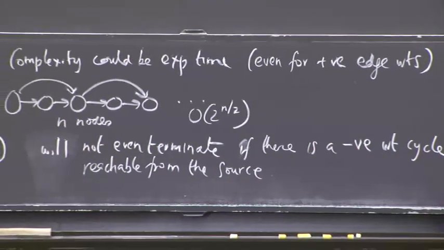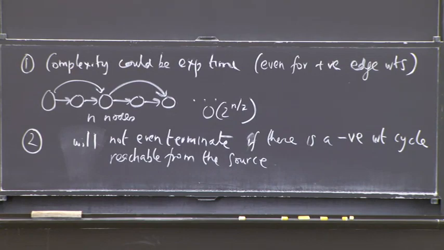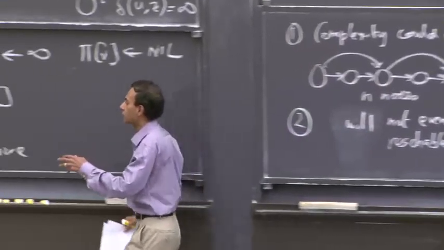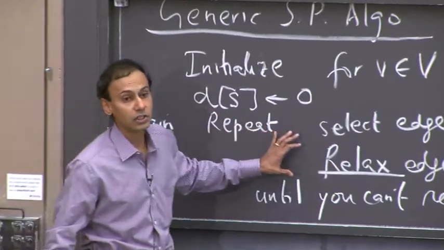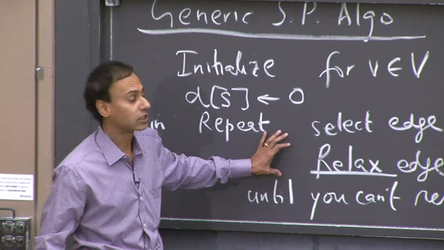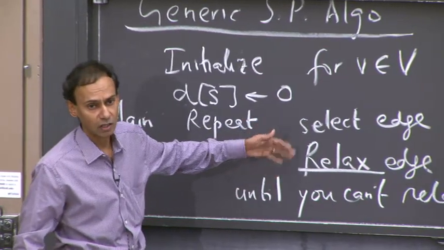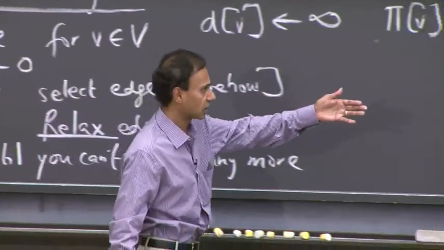You have a generic shortest path algorithm, and you realize that if you do this wrong, you could very easily get into a situation where a polynomial time algorithm, and we know one for Dijkstra, turns into exponential time in the worst case, for a graph like that, because you're selecting edges wrongly. And in particular, that's problem number one.